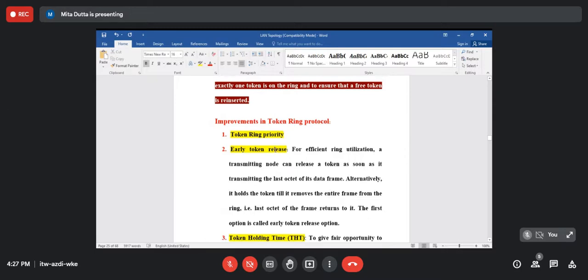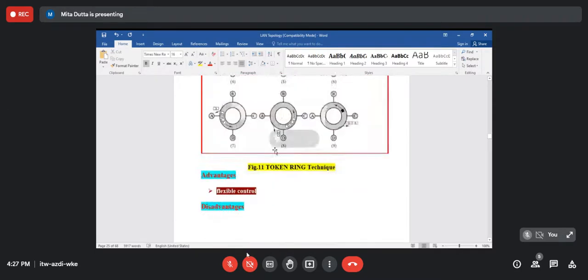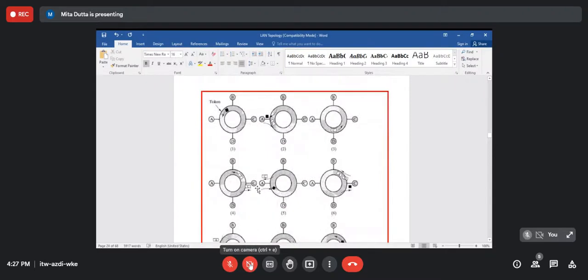Then early token release. Early token release means the token will be released by the node when the signal comes back again to A, which is the sending end host.